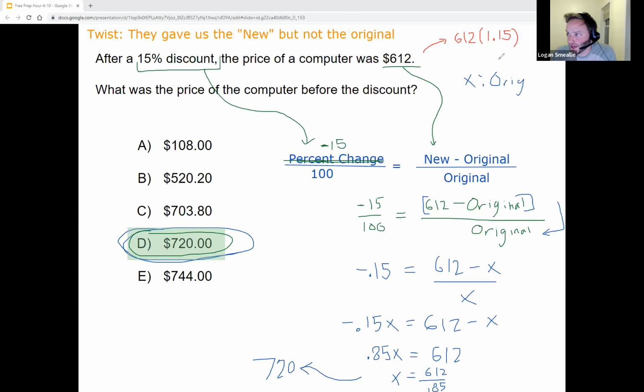Well, if you do that, you're going to get betrayed, because it's going to lead you to $703.80. So I think a couple people submitted C, and what you did is you added 15% to 612.